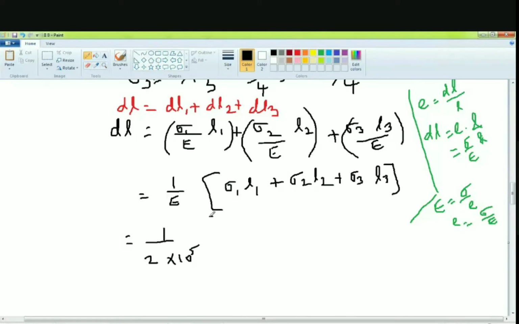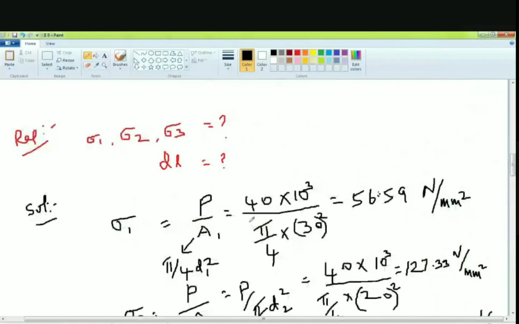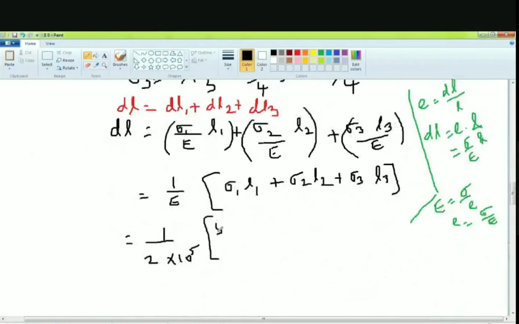Okay. 1 by 2 into 10 to the power 5. Sigma 1 value, how much did you tell? 56.59. What is the L1 value? 180. Quickly tell, because I cannot move the screen every time.